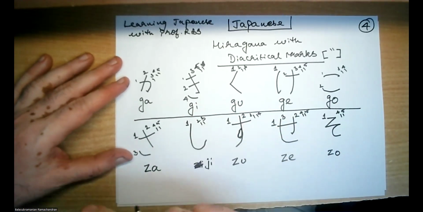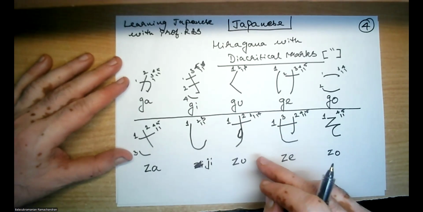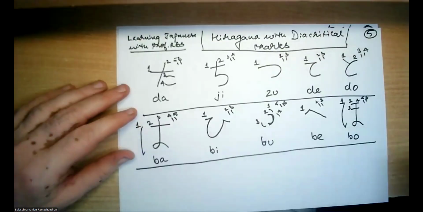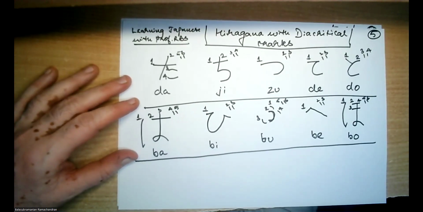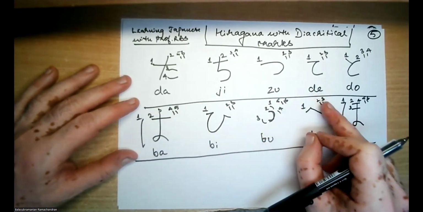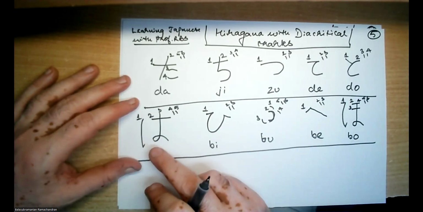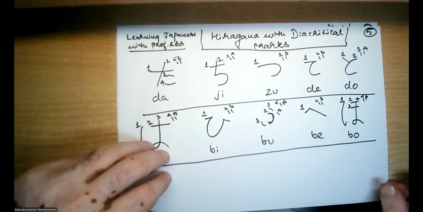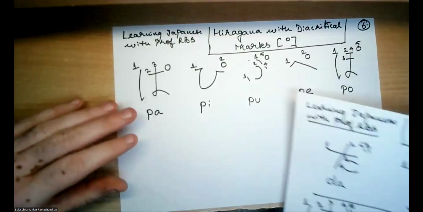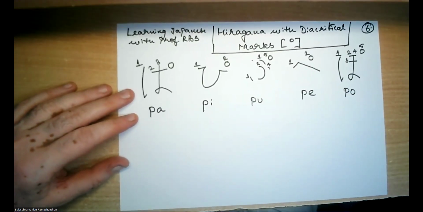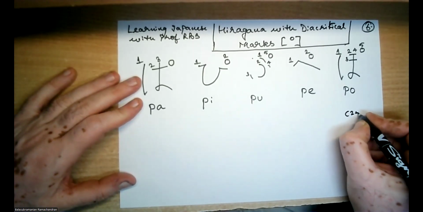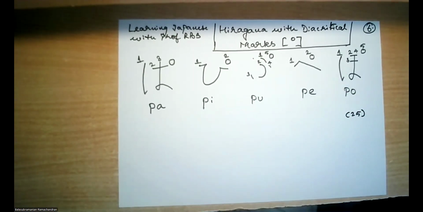And then the Za series: za, ji, zu, ze, zo. So that makes it 10. Then the Da series: da, ji, zu, de, do, 15. Then the Ba series: ba, bi, bu, be, bo, 20. And finally the Pa series: pa, pi, pu, pe, po. So that completes 25 letters in this video.